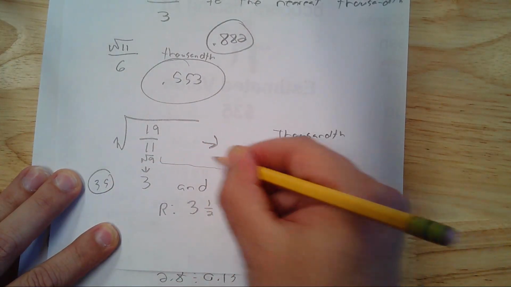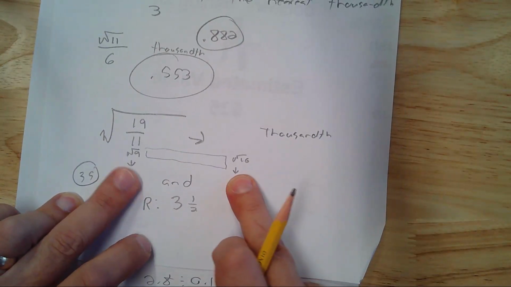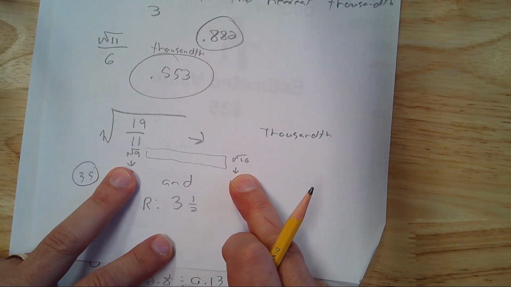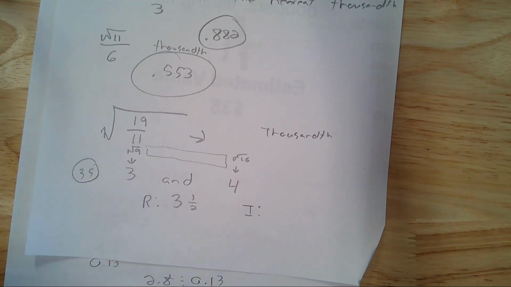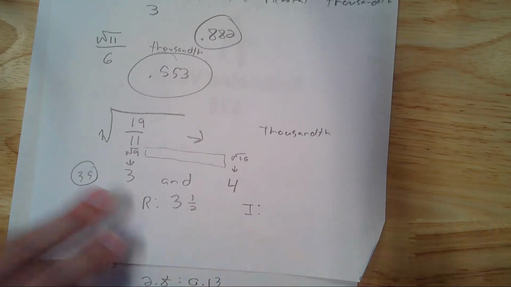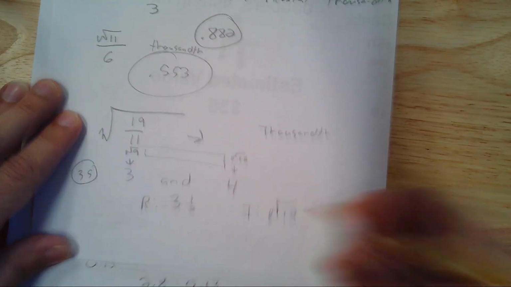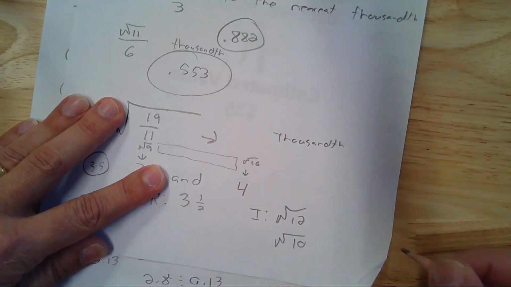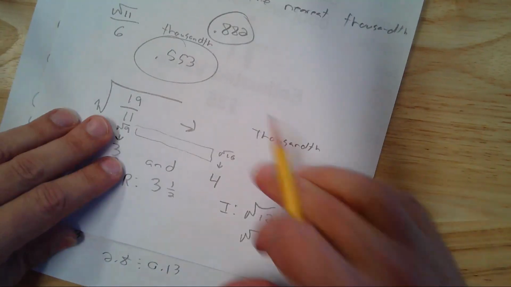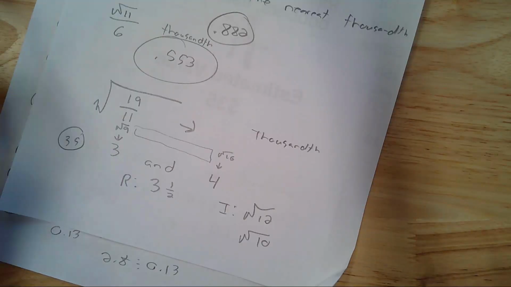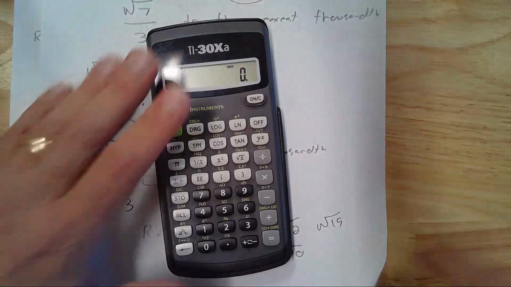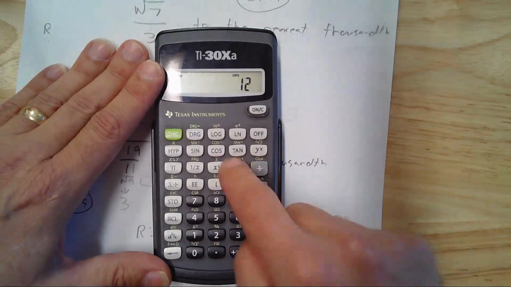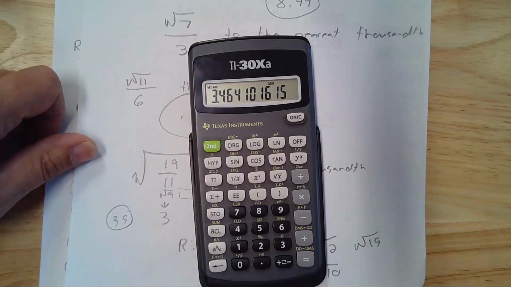Got all this space here between 3 and 4, between the square root of 9 and the square root of 16. So what would be an irrational number between 3 and 4? Square root 12. Square root 10. Square root anything between 10 and 15. Root 15, right. Because if I go to my calculator, push in the 12, the square root button, well, that's between 3 and 4, right?